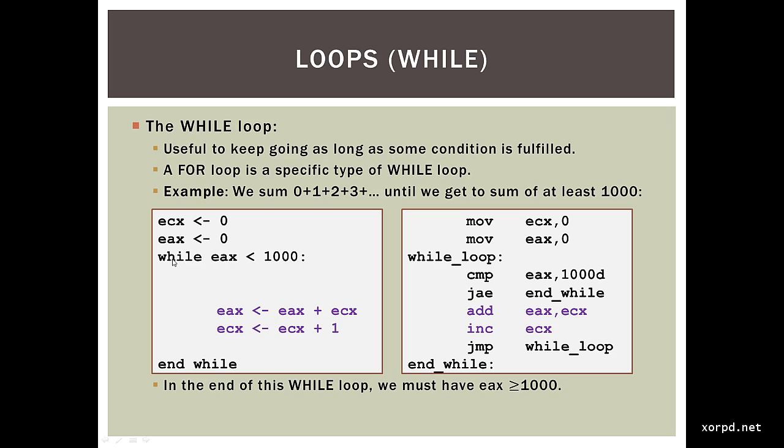The pseudocode actually means that inside the while loop, this part is the actual work to be done, and it is going to be done again and again until EAX is greater or equal than 1000. Or in other formulation, the inner code inside the while loop is going to be executed as long as EAX is smaller than 1000.